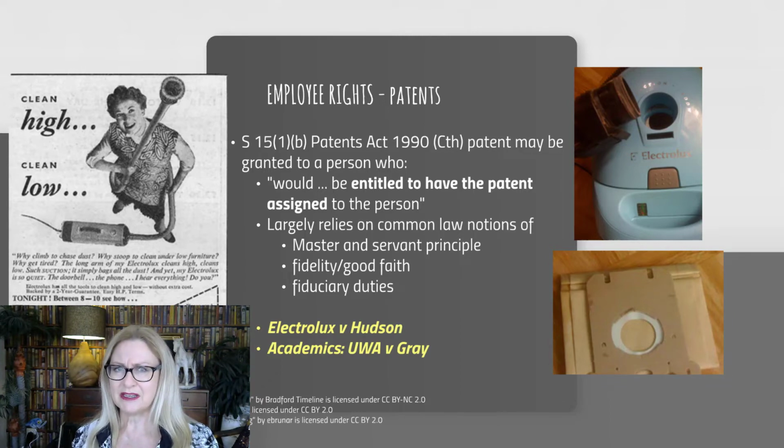So 15(1)(b) is the provision there. It sweeps in, as you can see, would be entitled to have the patent assigned. What entitlement do they mean? What entitlement are they talking about?